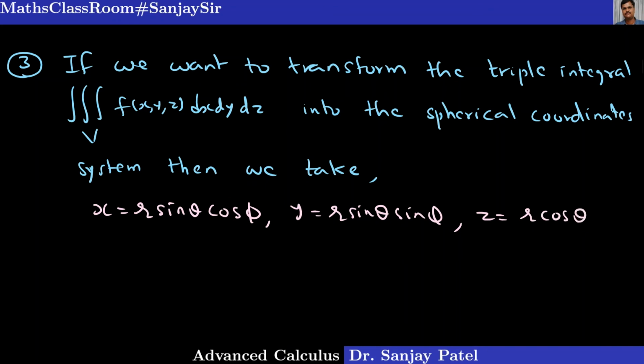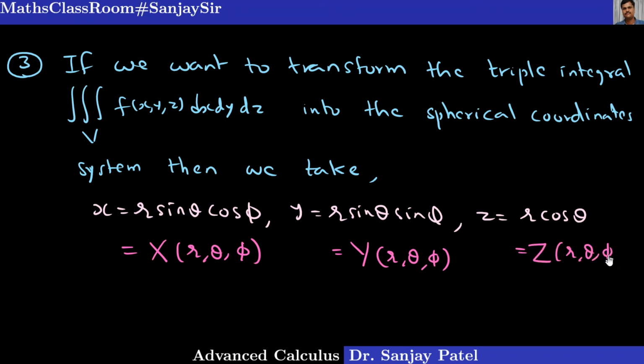All this you can think as a function of three new parameters r, theta and phi, which are nothing but the spherical coordinates. So y is a function of r, theta, phi. z also you can think as a function of r, theta and phi.